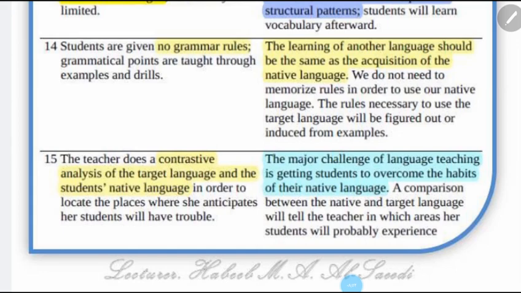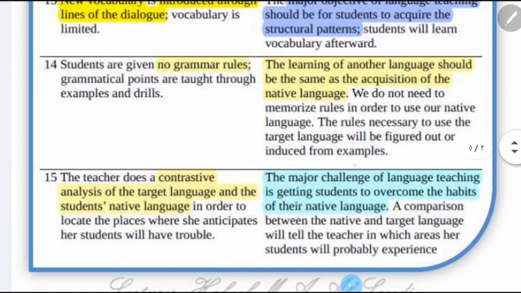We don't memorize the grammar of our native language when we speak Arabic. When small children start speaking, they don't memorize grammar rules of Arabic to be able to produce the language. So the learning of another language should be the same as the acquisition of the native language.